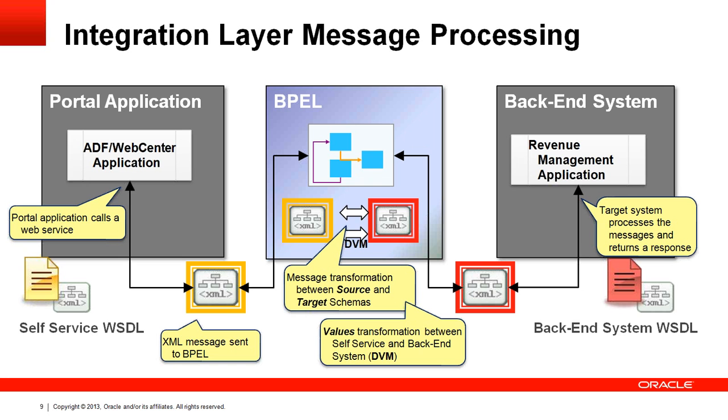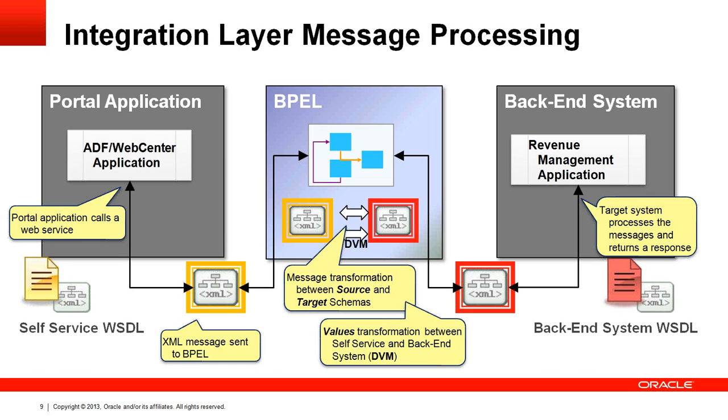One, the message might need to be transformed to a different XML layout that the backend system knows to respond to. If it's PSRM, then it will be the same color, yellow, which means the same format as the portal application requests, so no transformation is actually needed. But since we also can connect to other backend systems, they may have another structure that they can respond to, and this is where the transformation will occur.